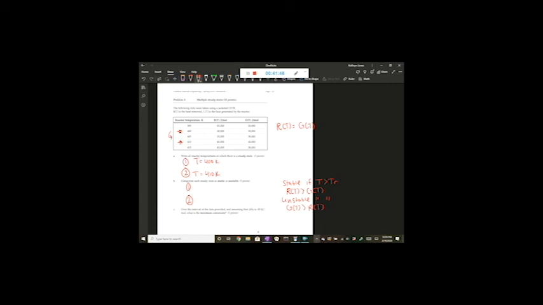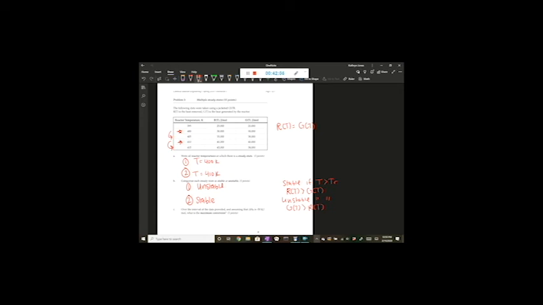At 405, we notice that R of T is less than G of T. So because of that, this is unstable. Now looking at 415, we see that R of T is greater than G of T. So this is stable.